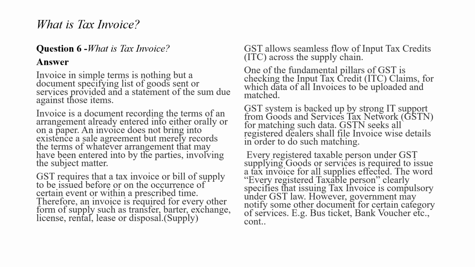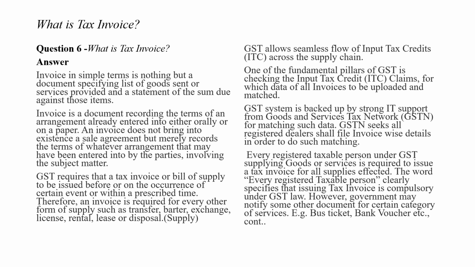An invoice is a document recording the terms of an arrangement already entered into either orally or on paper. An invoice does not bring into existence a sale agreement but merely records the terms of whatever arrangement may have been entered into by the parties involving the subject matter.